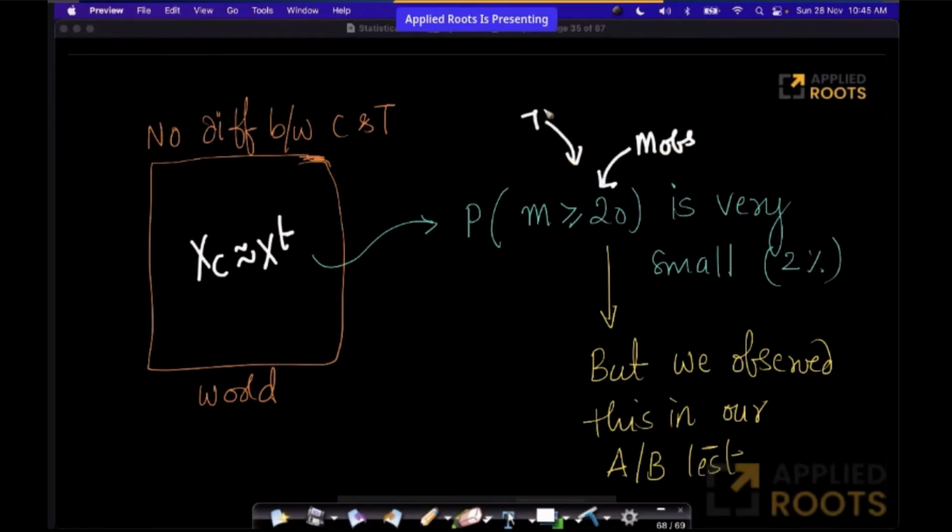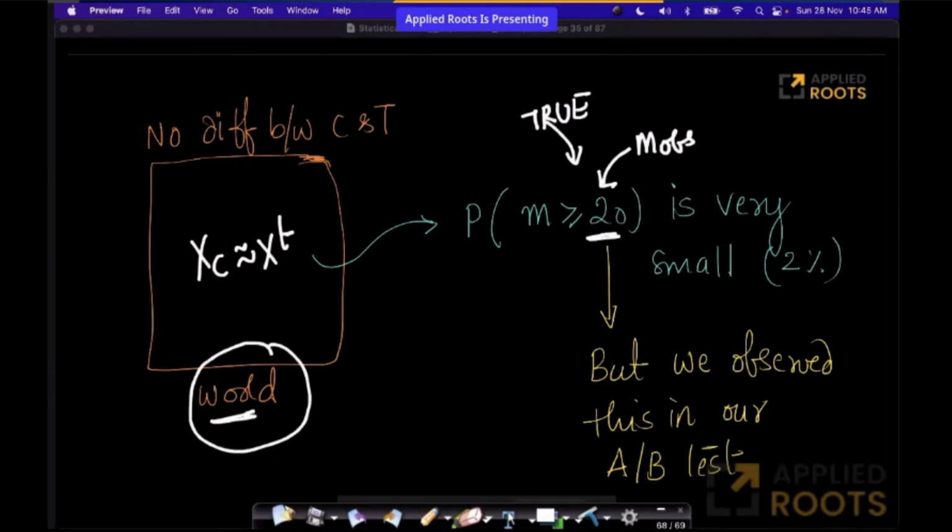Your observation can't be false. If this worldview is true, then the probability of observing what I've observed is very, very small, which means this worldview must be unlikely.